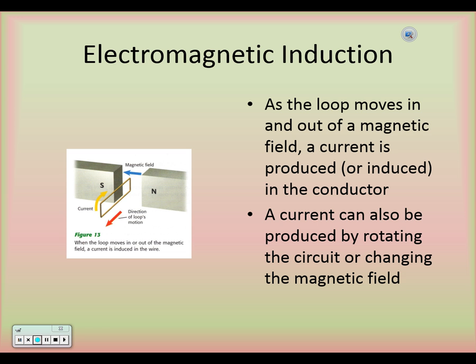This is deep. So a current can be produced by rotating the circuit or changing the magnetic field. You have to change something in order to get those charges to start moving.